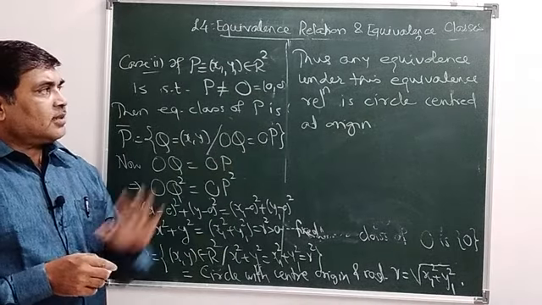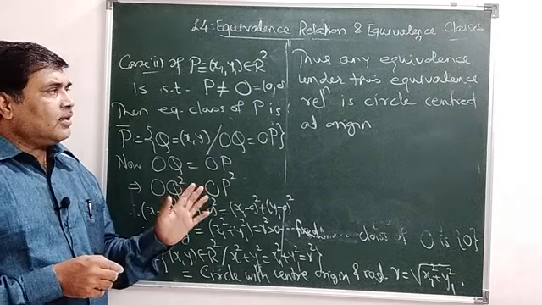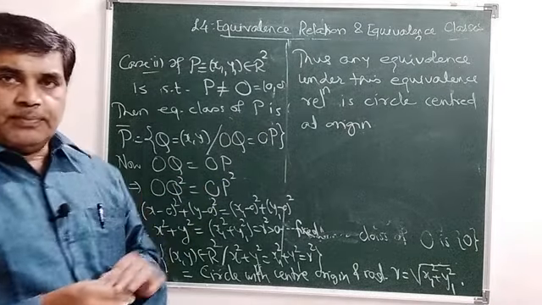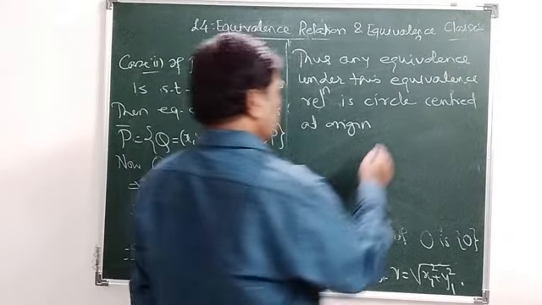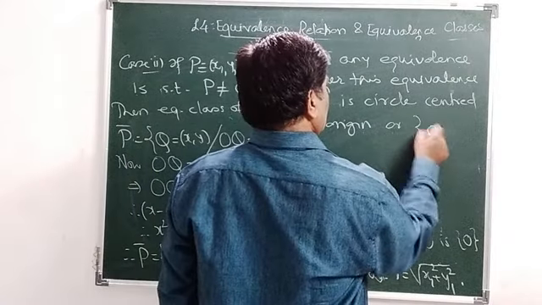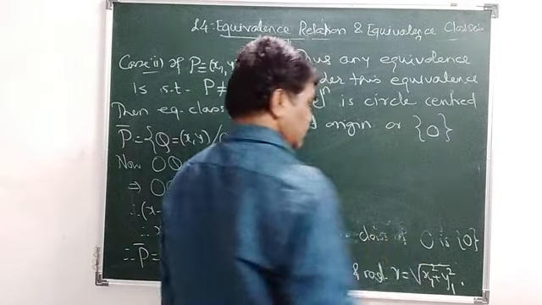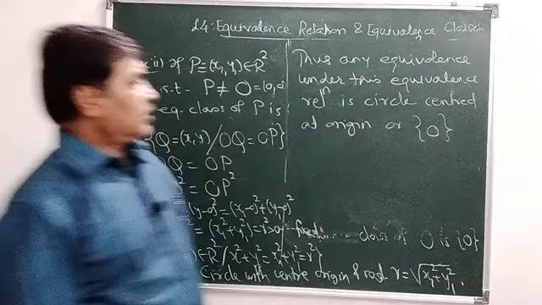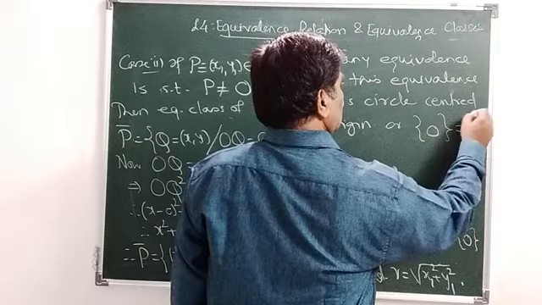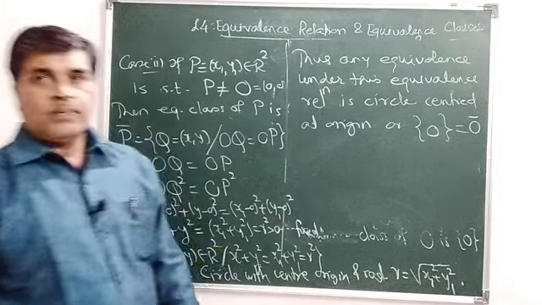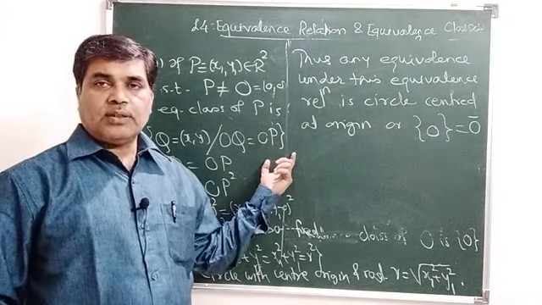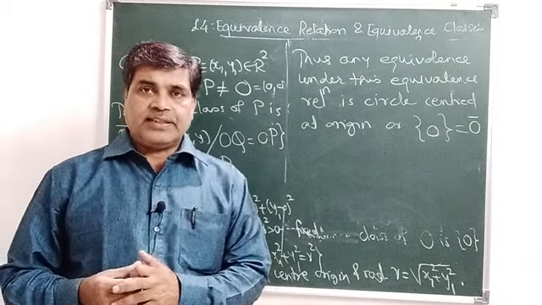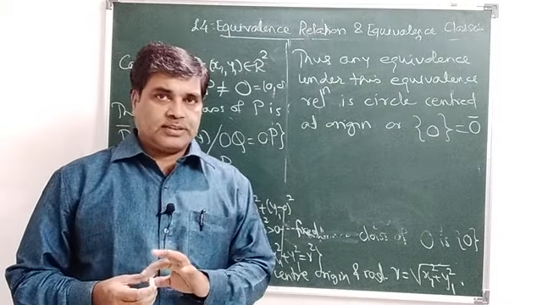Any equivalence class under this equivalence relation is a circle centered at origin, whatever it may be, or the singleton origin, which is nothing but 0. For others, it is a circle with positive radius, center is origin.